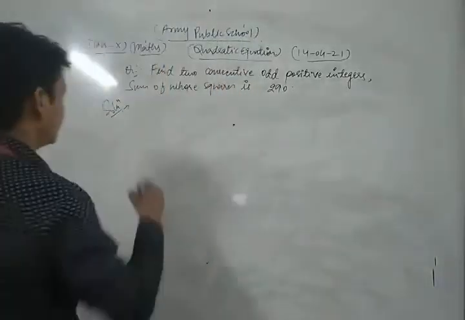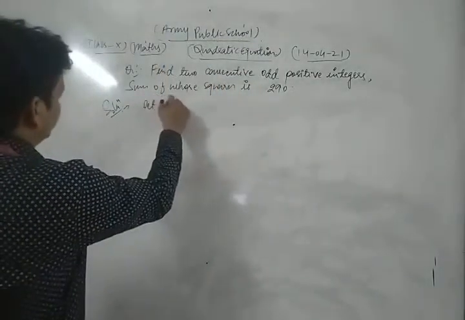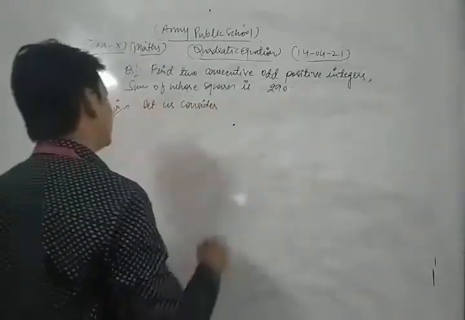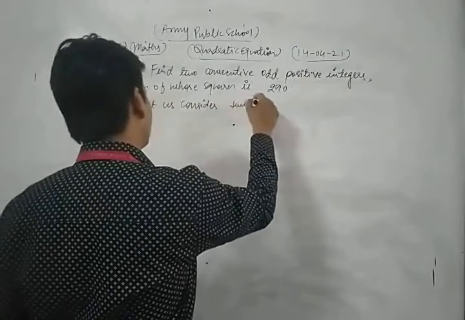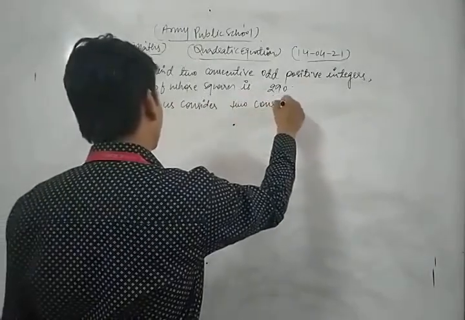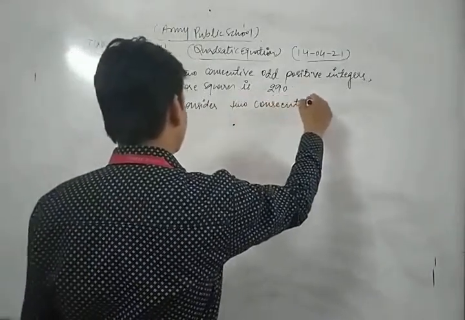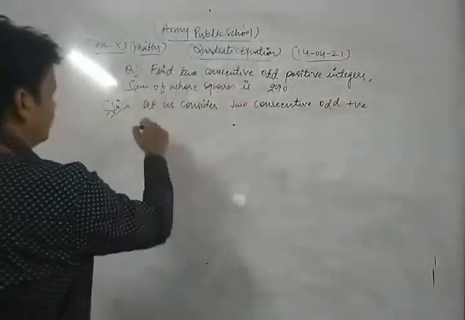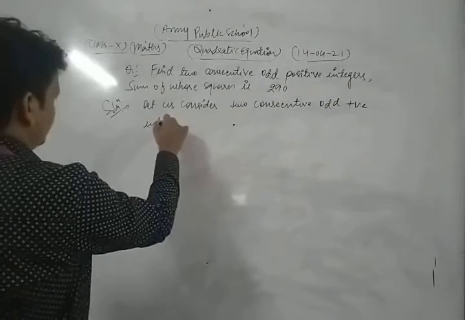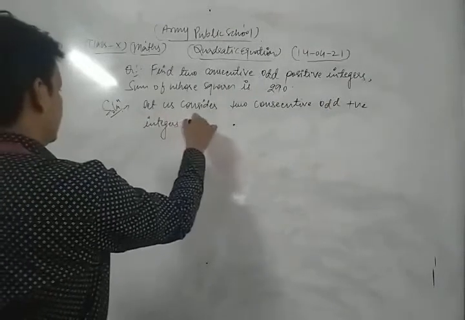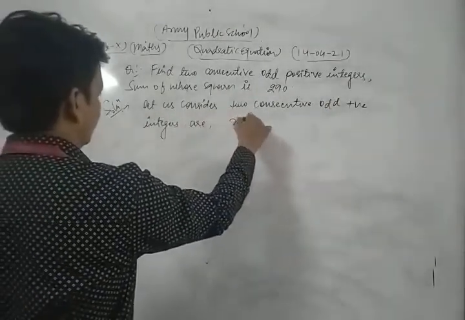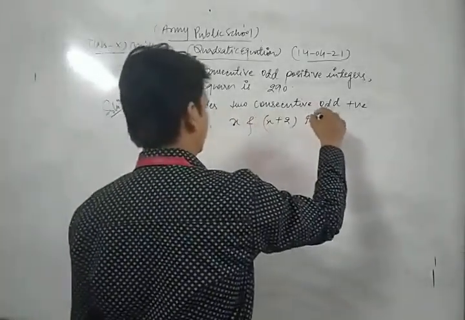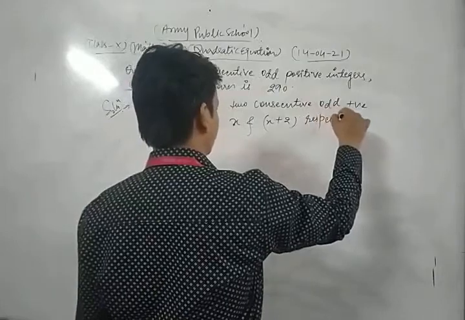So let us consider two consecutive odd positive integers as x and x plus 2 respectively.